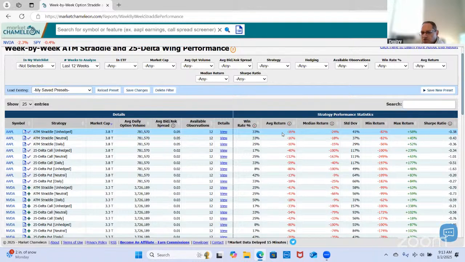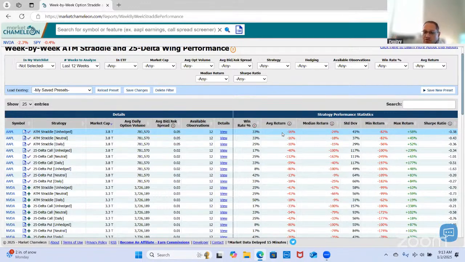The stats look at these straddles from the perspective of if you bought the premium, what was the premium at the end, right? So the starting point, the straddle cost you $10.